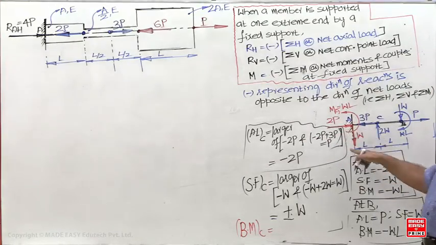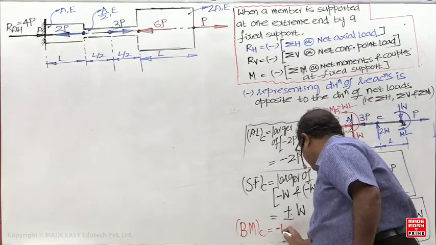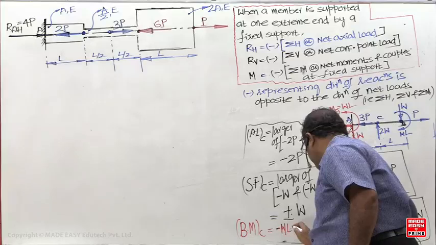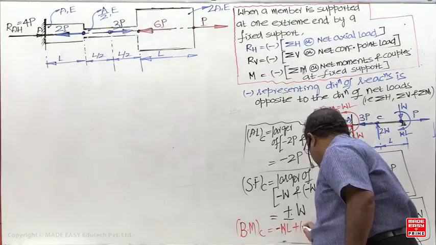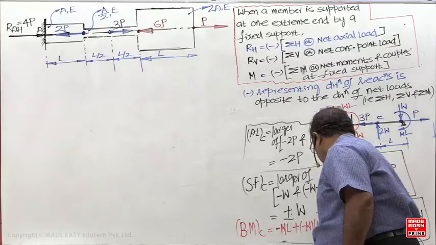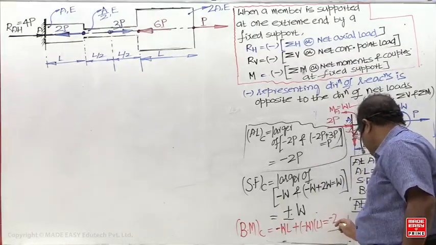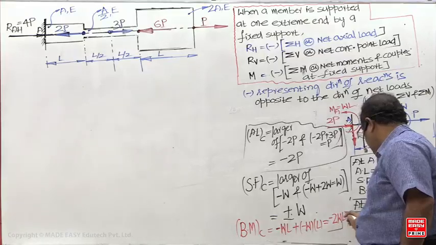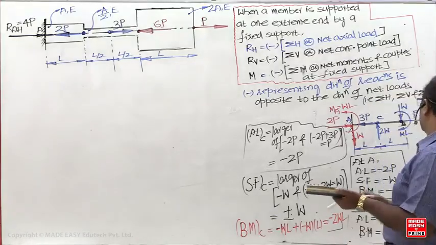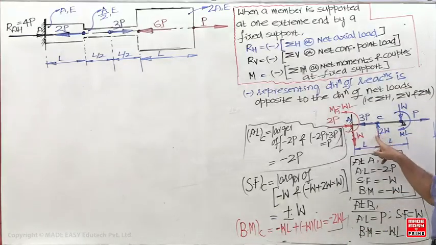W into L is also negative. 1 couple. Minus 2WL. So here you have to calculate the axial load 2 times, shear force 2 times, bending moment 1 time.